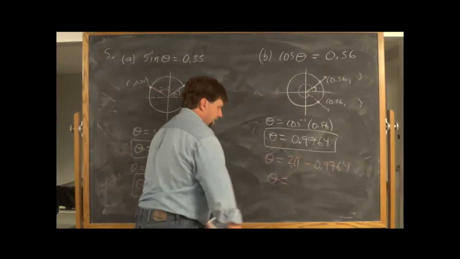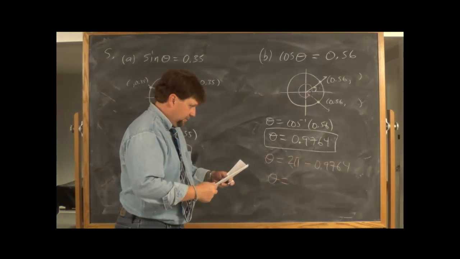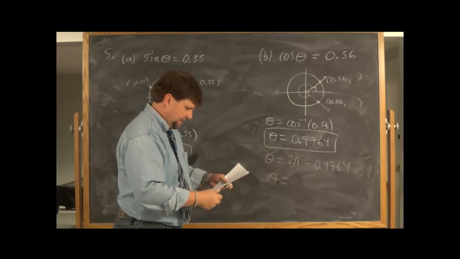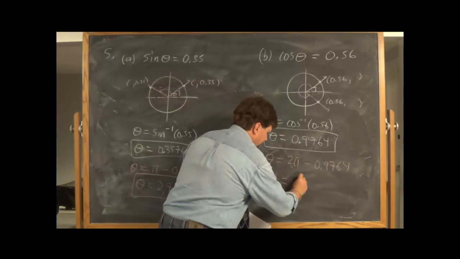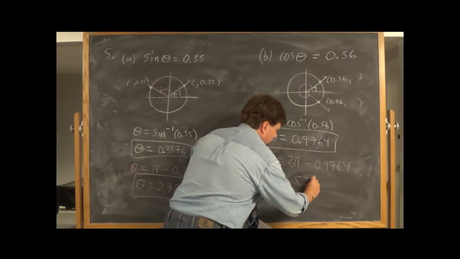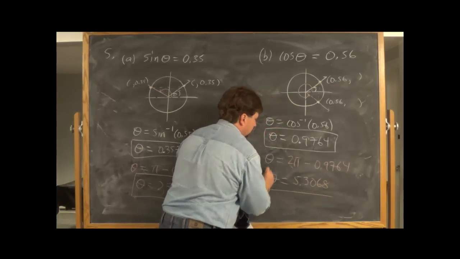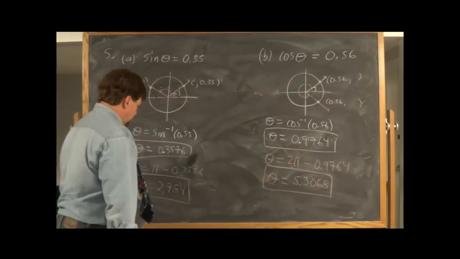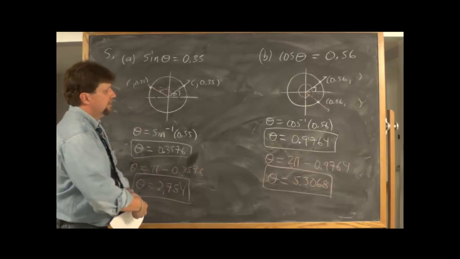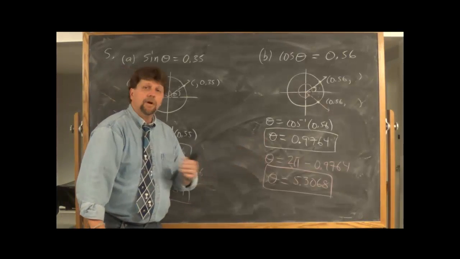So I get theta, the rose-colored angle, 2 pi minus 0.9764, to be about 5.3068. So those are the two angles that I get for part B.